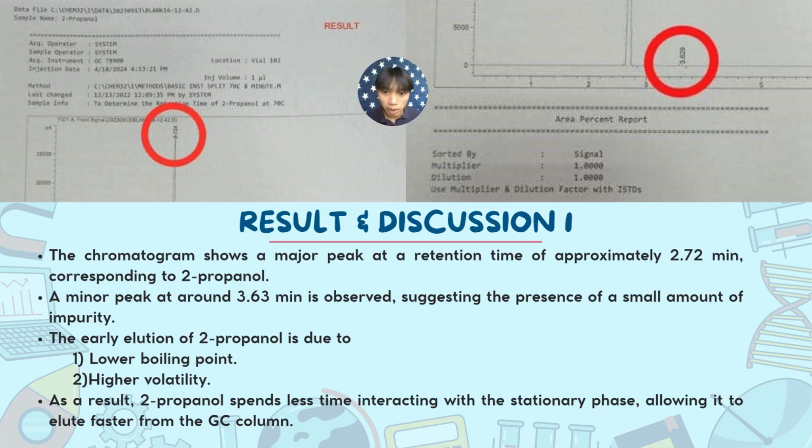A minor peak at around 3.63 min is observed, suggesting the presence of a small amount of impurity. The early elution of 2-propanol is due to its lower boiling point and higher volatility. As a result, 2-propanol spends less time interacting with the stationary phase, allowing it to elute faster from the GC column.